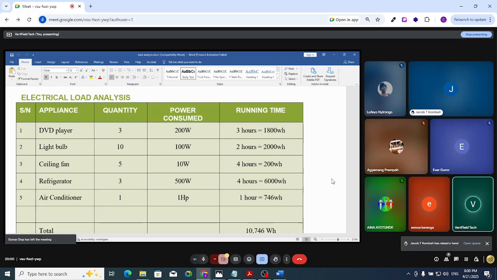To answer that question rightly is in the next step, because we will then be designing for the suitable size of inverter system, suitable battery, suitable charge controller, suitable inverters, suitable breakers, fuse, surge protection, suitable for this system installation.